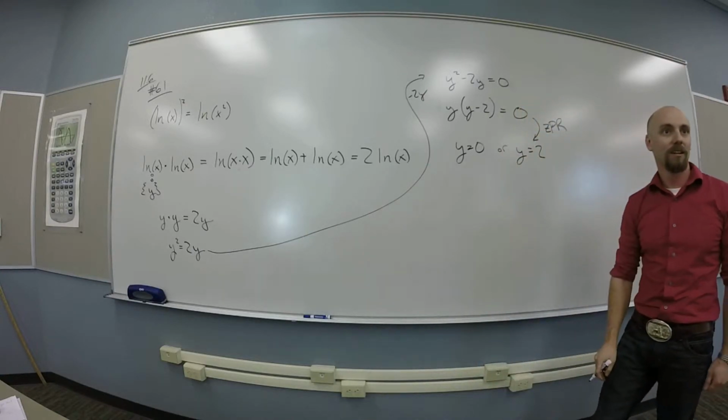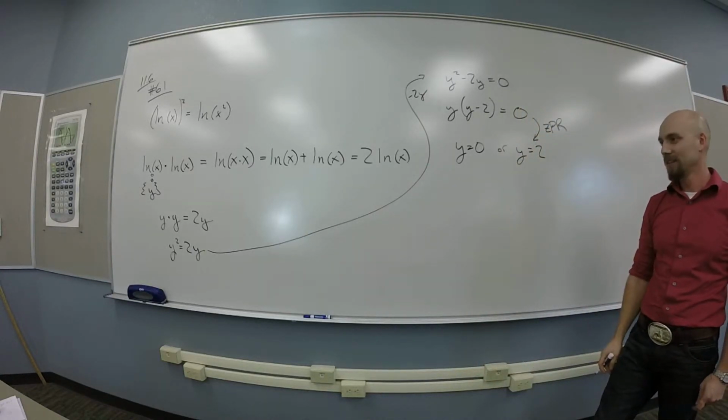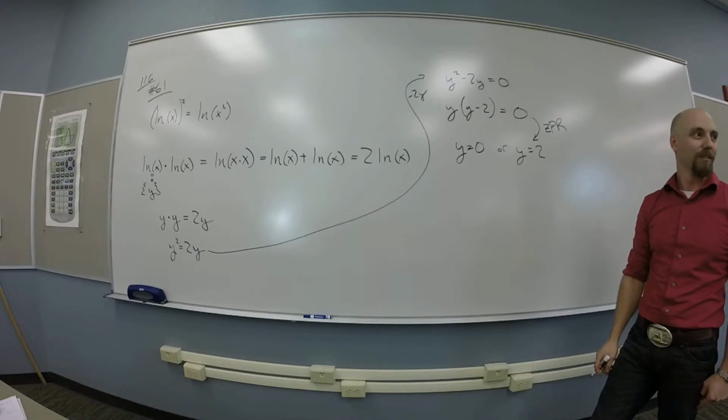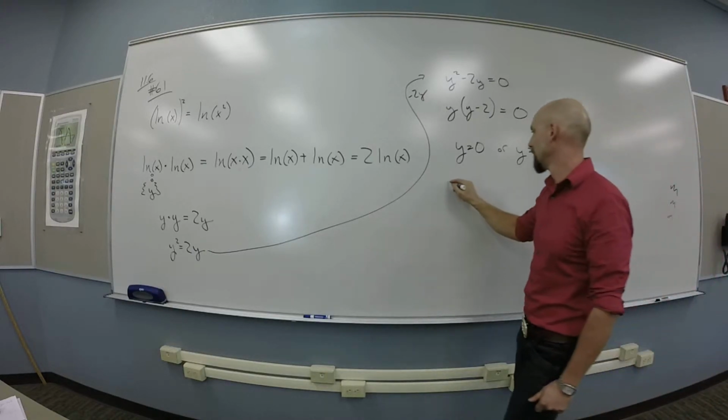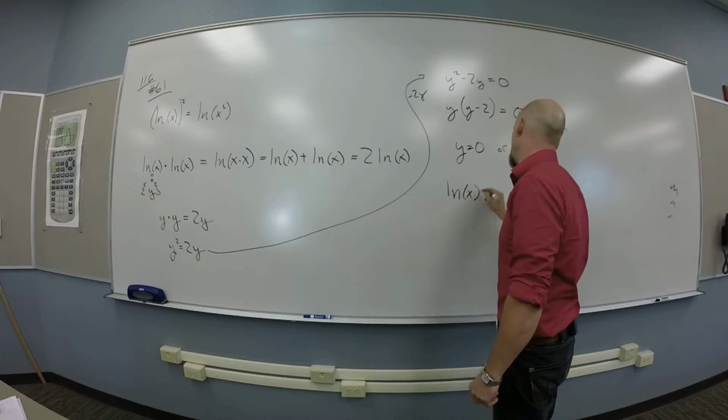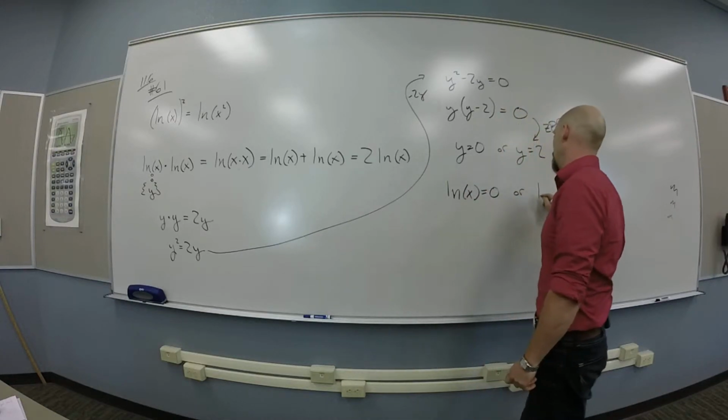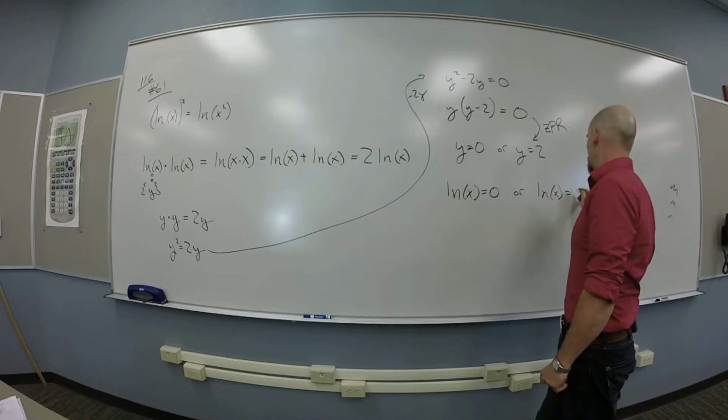You guys see that? Okay, what was y? y is log of x. So either ln of x is 0 or ln of x is 2.